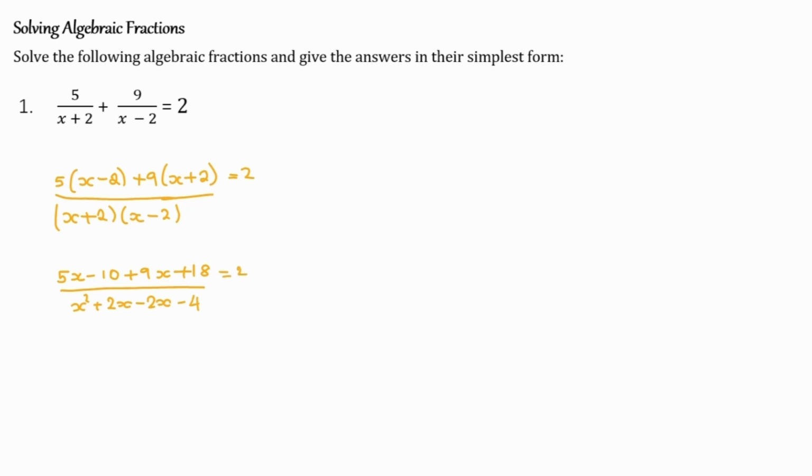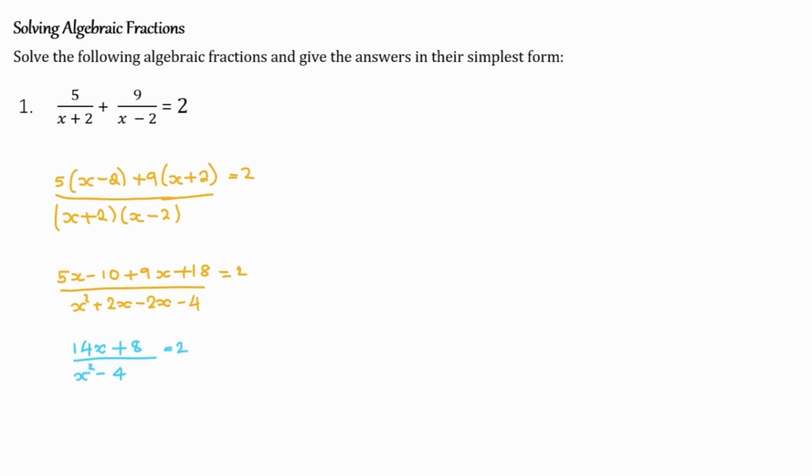We can now collect the like terms and simplify both the numerator and denominator. So in the numerator, we've got 5x plus 9x, which would give us 14x. We've got minus 10 plus 18, which would give us 8. And in the denominator, we've got 2x minus 2x, which would cancel out, so we would just have x squared minus 4, and this is all equal to 2.